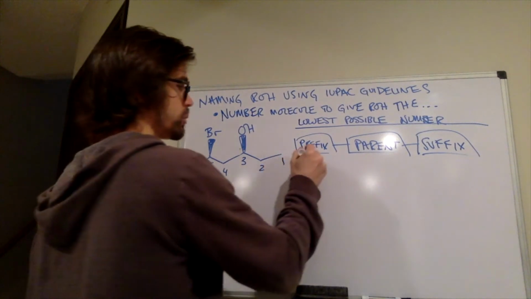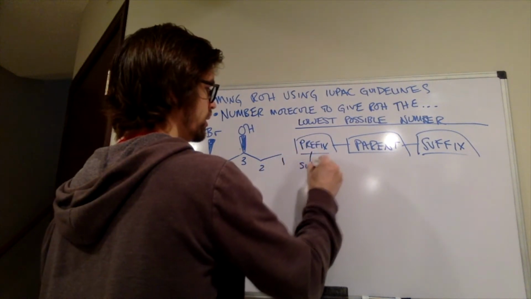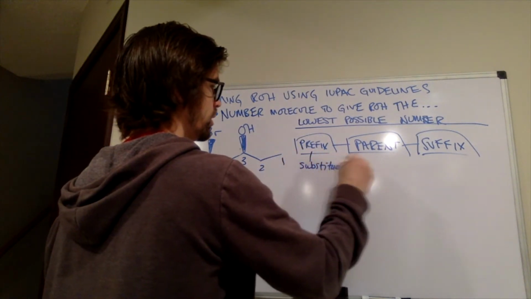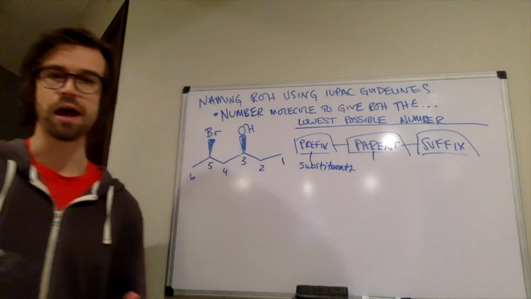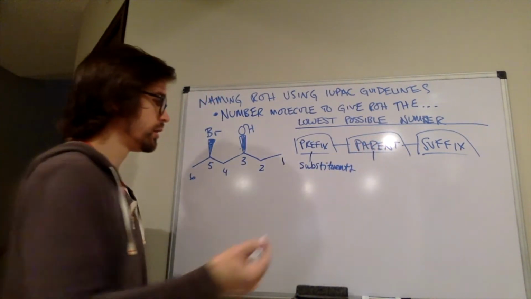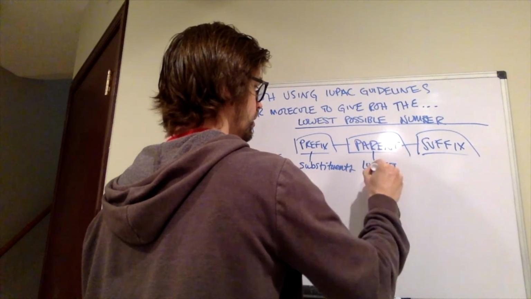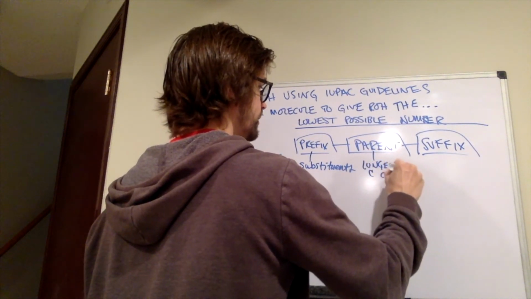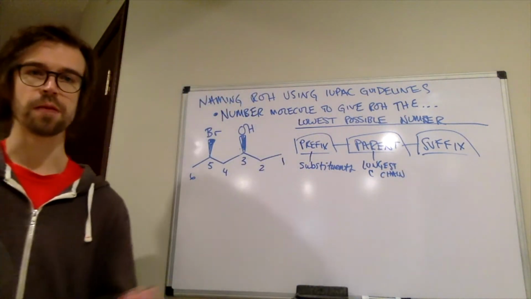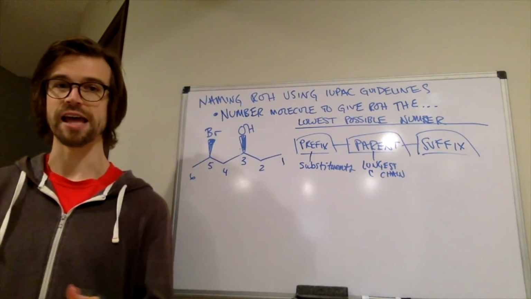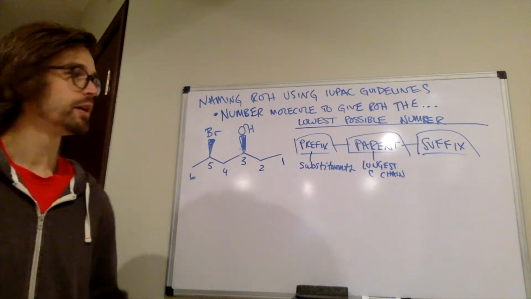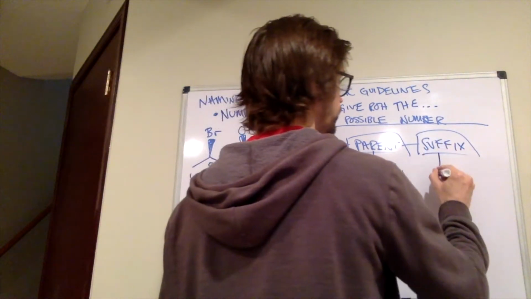So prefix tells us where the substituents are. Parent is just about how long the carbon chain is. So parent is the longest carbon chain, and then it gets whatever it gets based on how many carbons there are. There's 6 here, so that's the hex parent. Suffix tells us the functional group type.